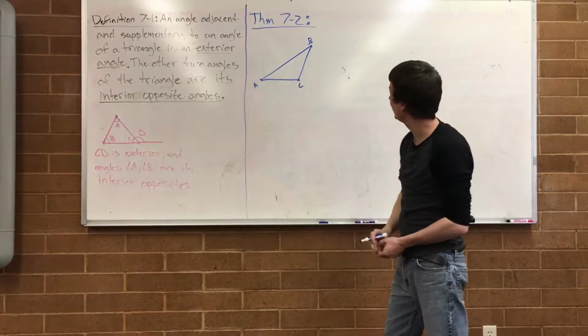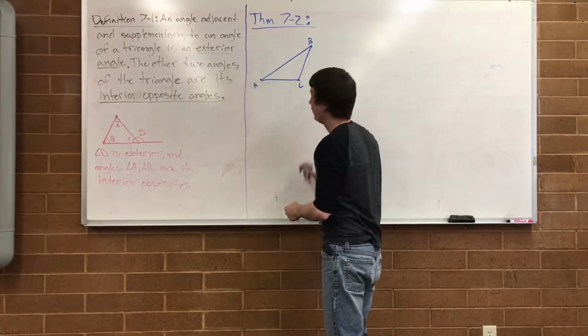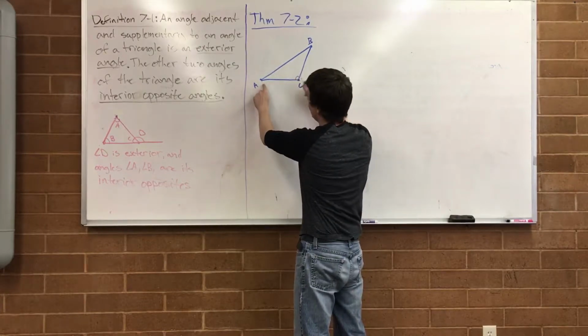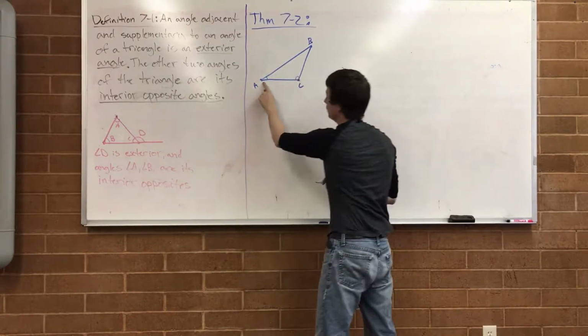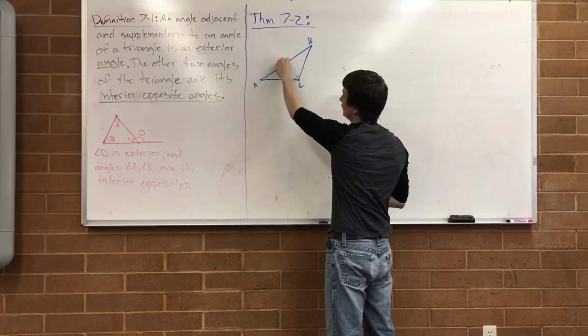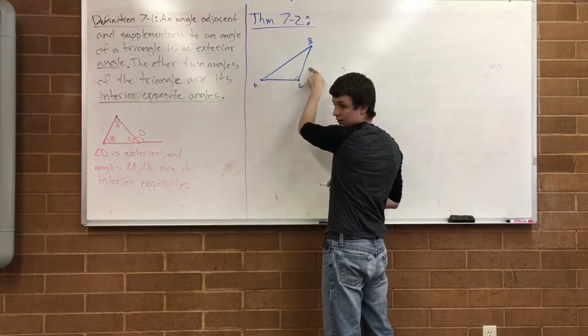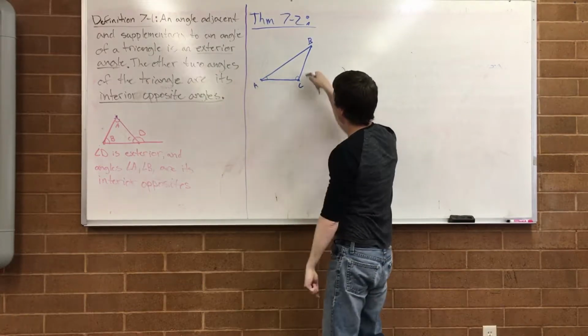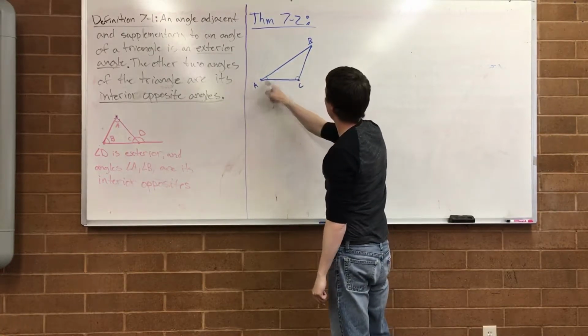So it says in a triangle ABC, if this angle is greater than this angle, then this side is greater than this side. So if this angle is greater than this angle, then the side opposite that angle is greater than the side opposite this angle.